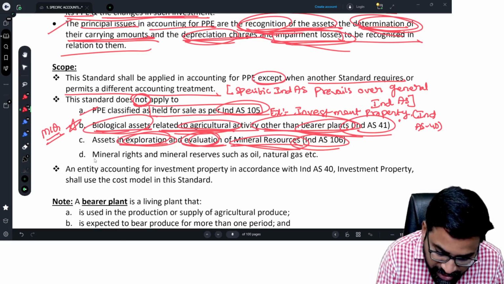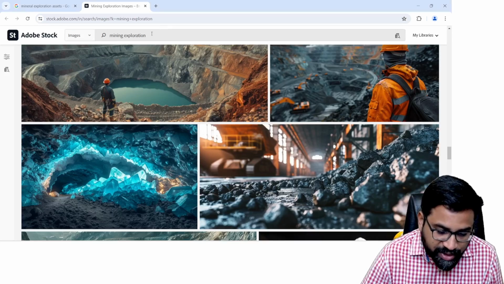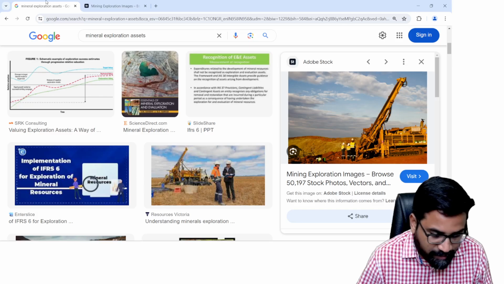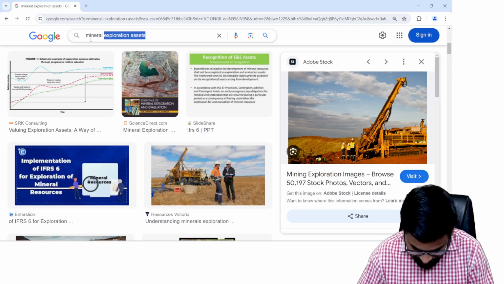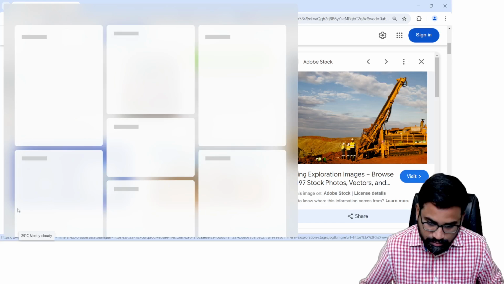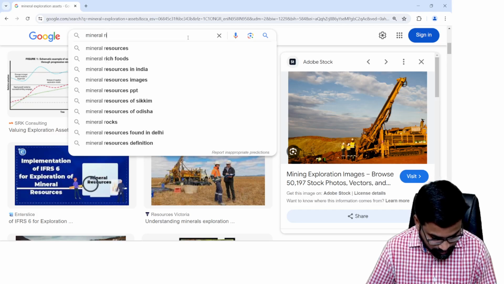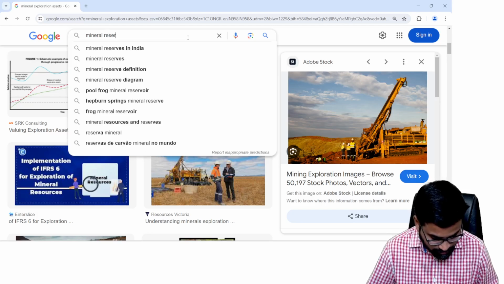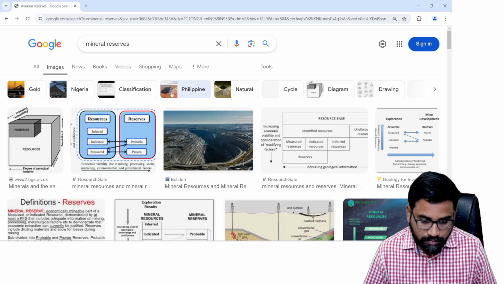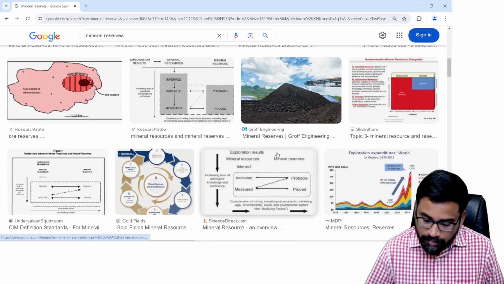Similarly, mineral rights and mineral reserves such as oil and natural gas are not covered here.